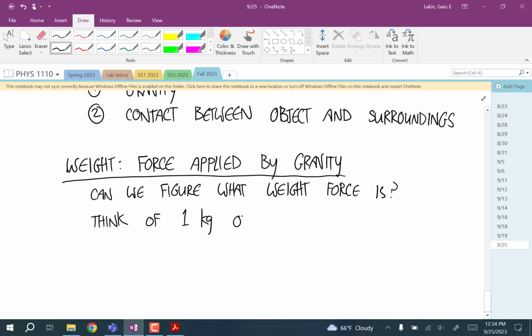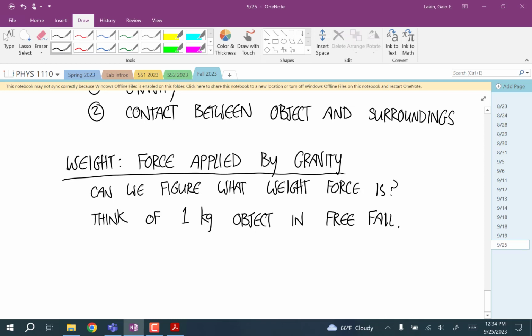So a 1 kilogram object in free fall. It's not touching anything, so the only force on it is weight.